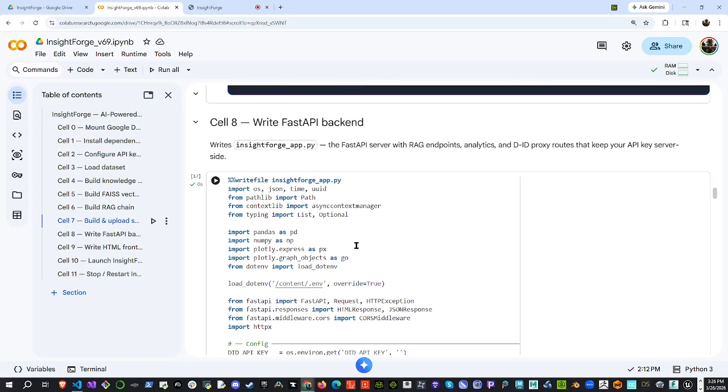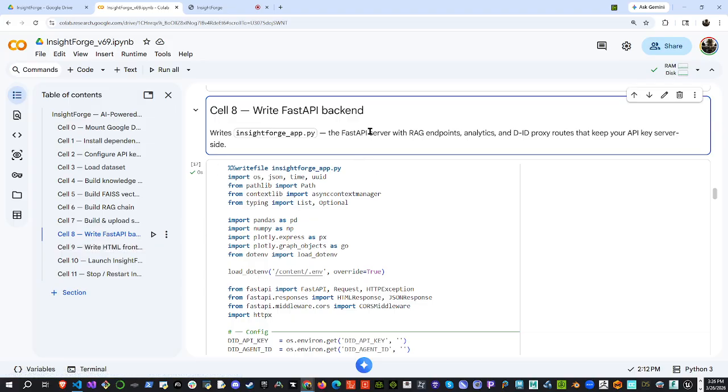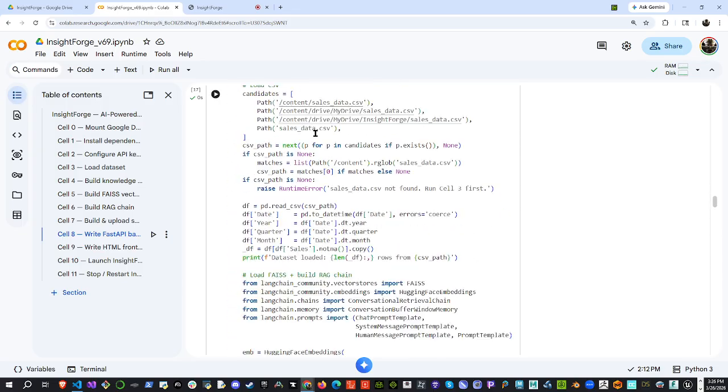All right, and then cell 8, this writes the FastAPI backend. This puts up a FastAPI server with RAG endpoints, analytics, and D-ID proxy routes that keep your API key server side. So I got that running.